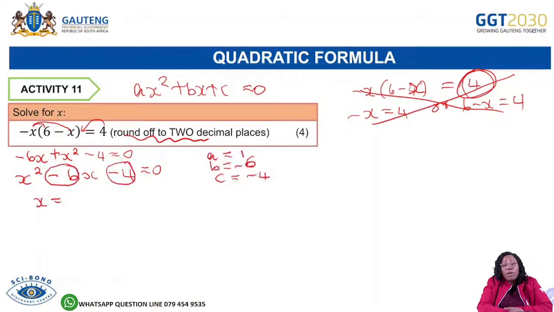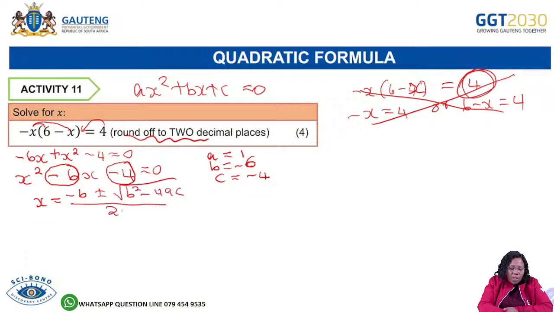Then we apply the quadratic formula now, which is minus b plus minus the square root of b squared minus 4ac all over 2a. We are now substituting the value. Remember, the formula is having a negative for the formula, and the b value is also bringing another negative. Be careful of that, grade 12.